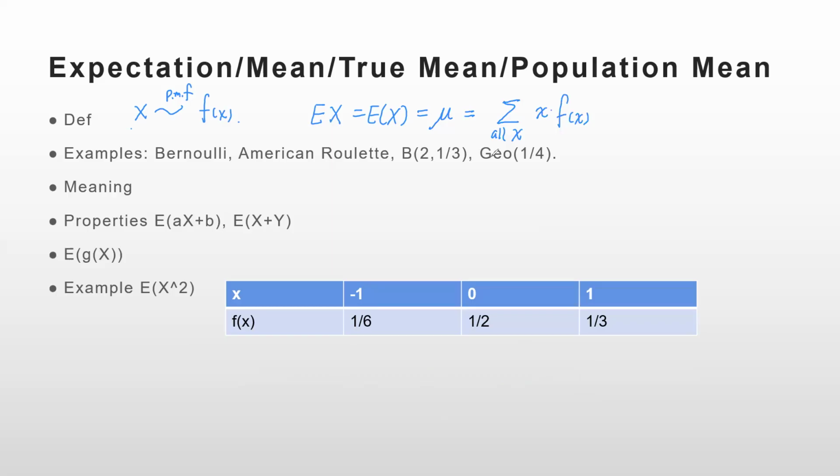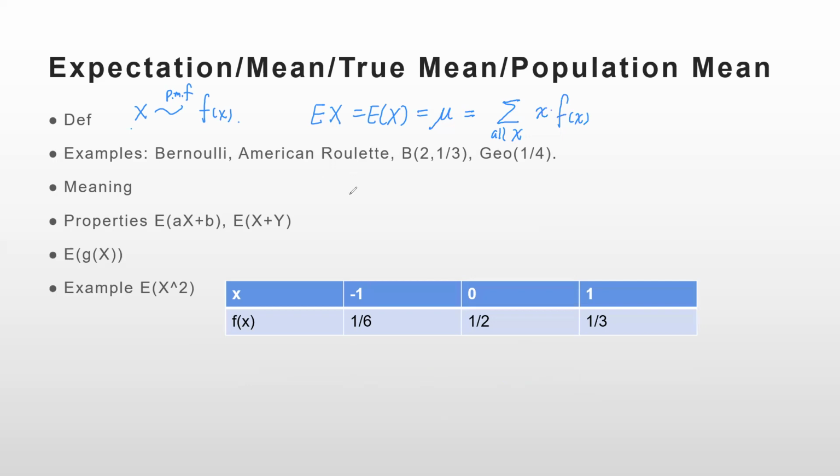So you can treat this summation as the weighted sum of the values the random variable can take, which are x, right? With weights f of x, which is the probability. So it's the weighted sum of x with weights being probabilities. So here we have several examples.